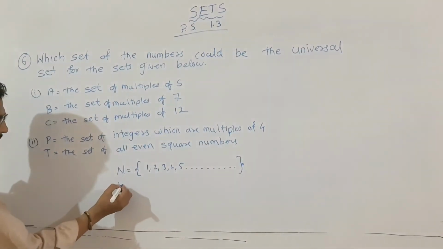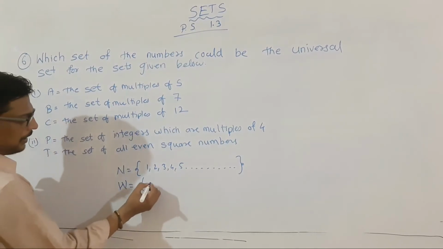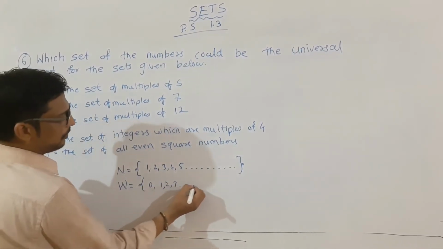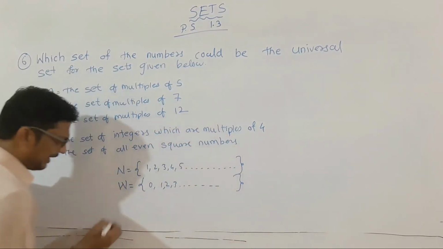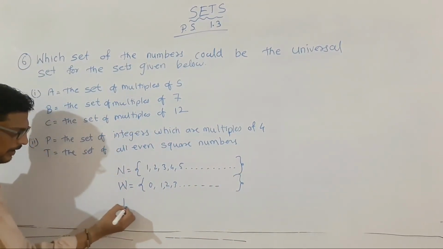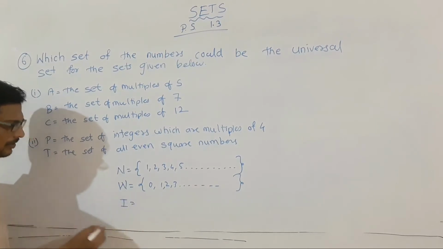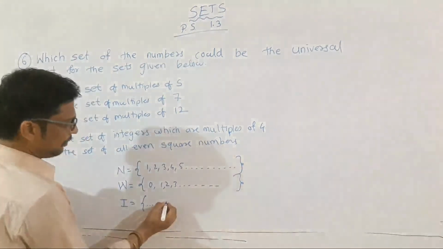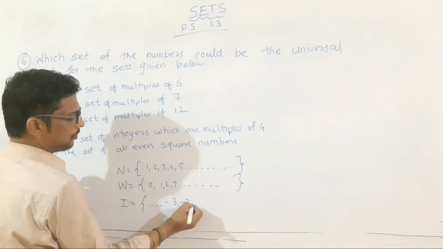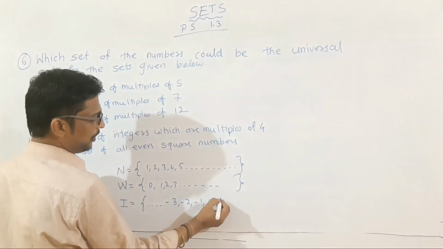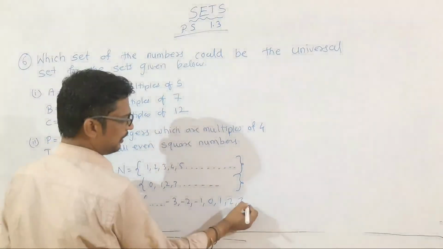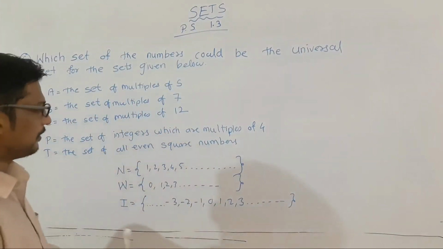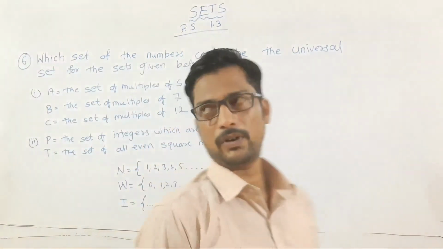Then next, whole numbers, W, start from 0, 1, 2, 3. Then integers, I. We start from minus infinity to minus 3, minus 2, minus 1, 0, 1, 2, 3. So these are the number sets which are available with us for the time being.